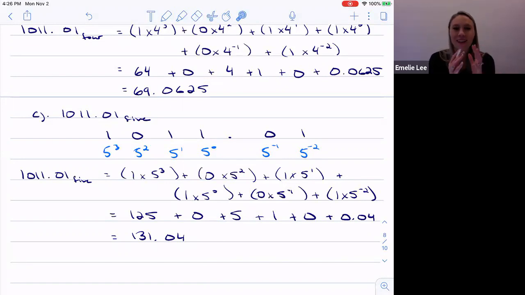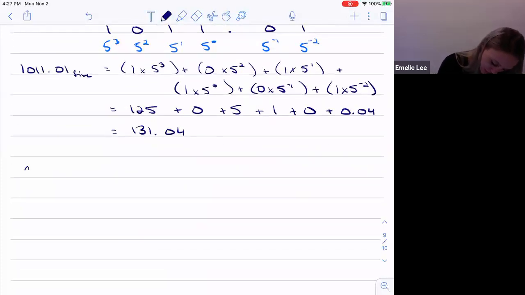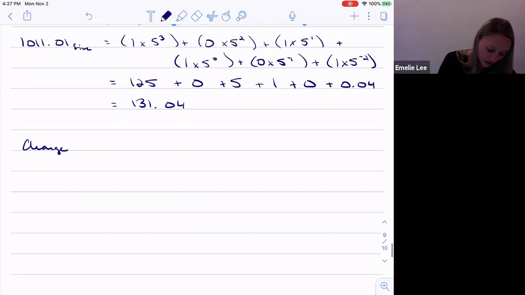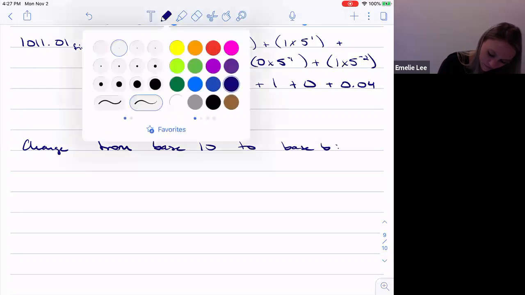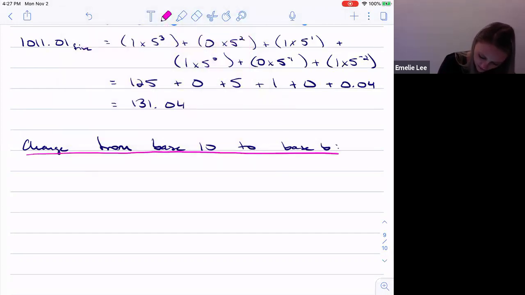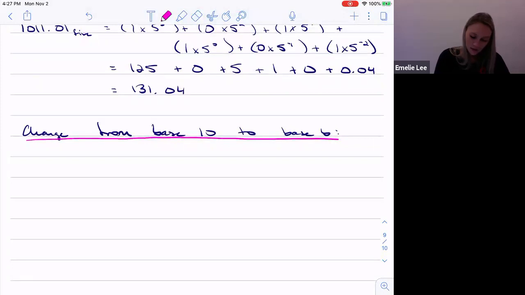Now, going the other way, I would say is a little bit different, okay? So if we have to change from base 10 to base B, and I'll underline this for later. Depends on the base, obviously, but the same method for all of these, right?